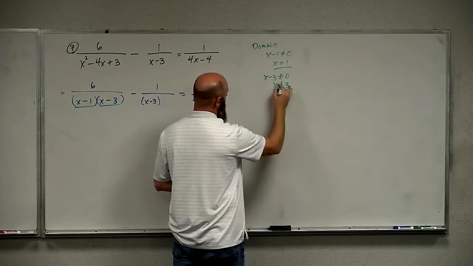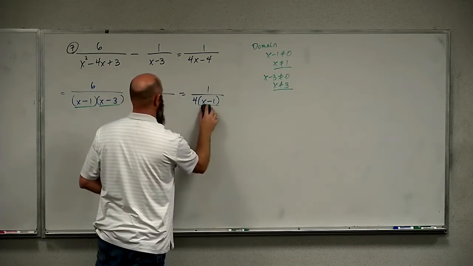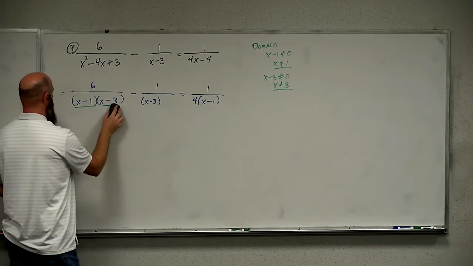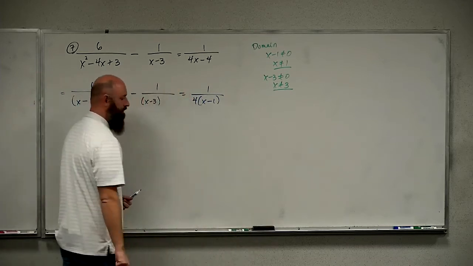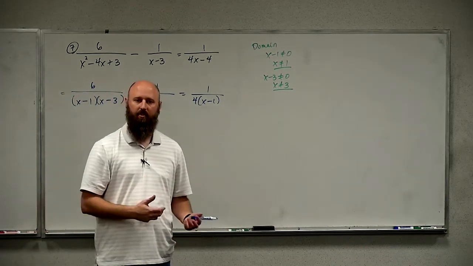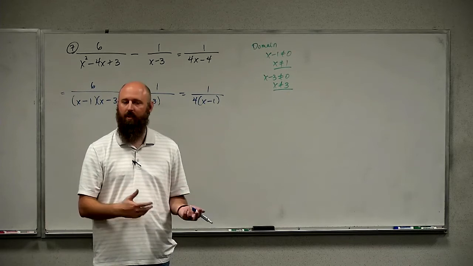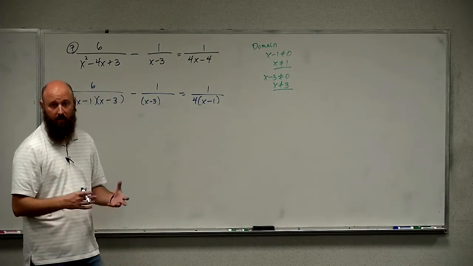So 1 and 3, those are problem areas for us. If we get either one of those answers, we're going to throw it out. If we get 2 answers, we can throw one and keep one, or keep all of them or throw all of them, based on what it is.